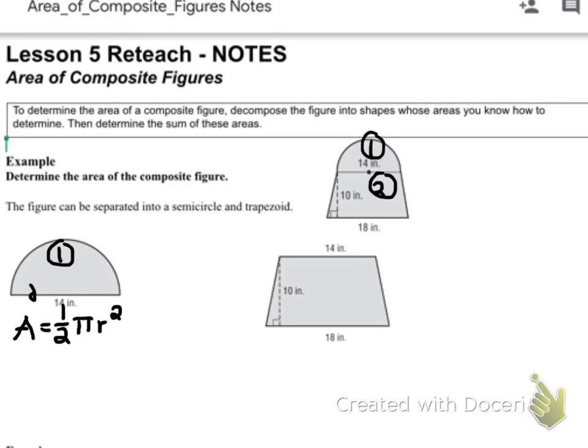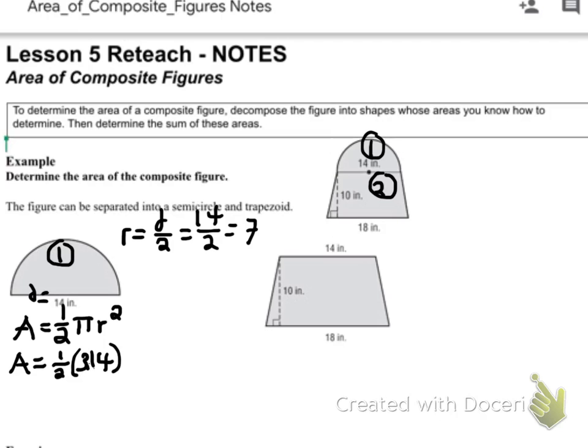They give us diameter, not radius, so we'll need to take the diameter divided by 2 to get a radius of 7. Then we can substitute in 3.14 for pi, and 7 for r, and square it.